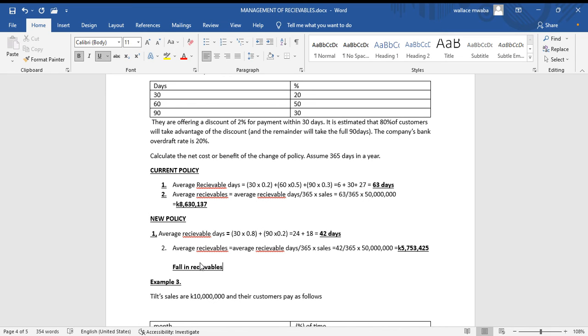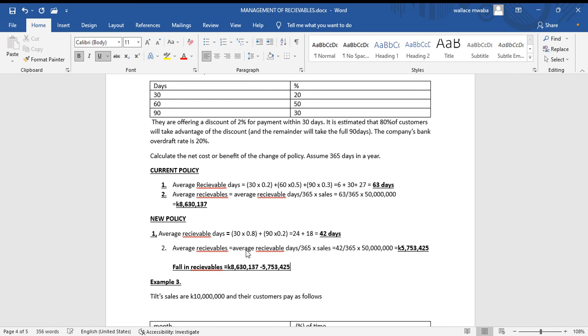So to get the fall in receivables, I'm going to subtract 8,630,137 minus 5,753,425.